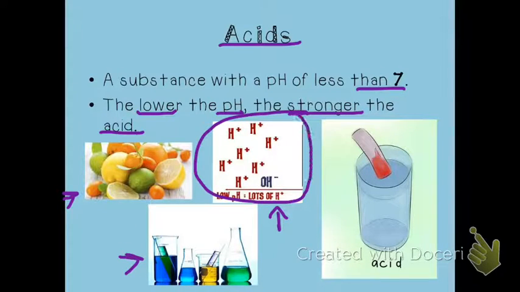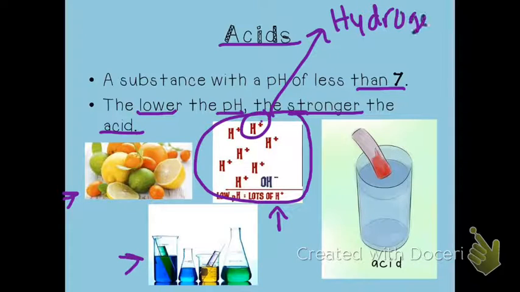This picture says low pH means we have lots of H pluses, right? An H plus stands for a hydrogen ion, okay? And so this is a free hydrogen ion that is simply floating around in the solution.